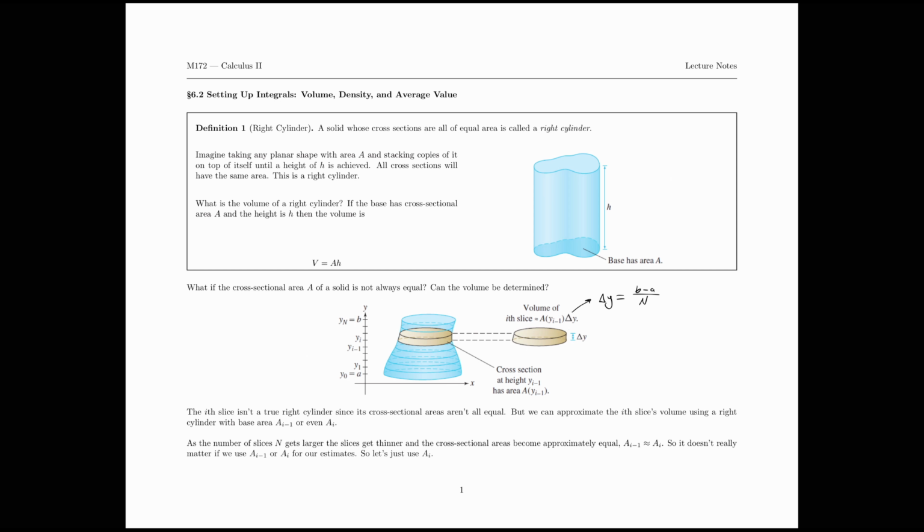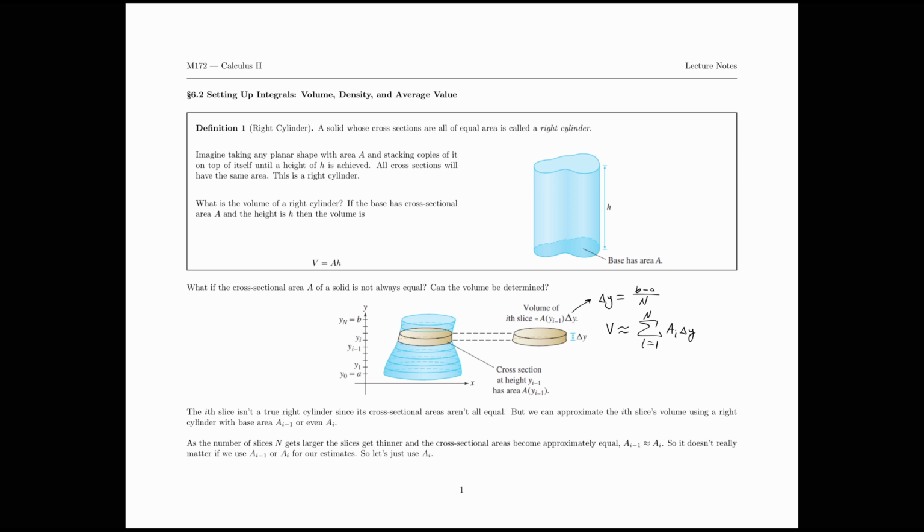So the basic idea here is the volume of this little slab is the area of either the top or the bottom multiplied by this difference here. So we can say the volume is approximately the sum from i equals 1 to n of A sub i, so let's say the top, A sub i, times the change in height.